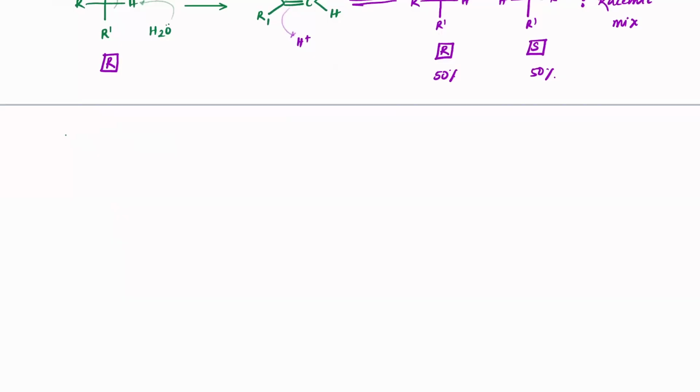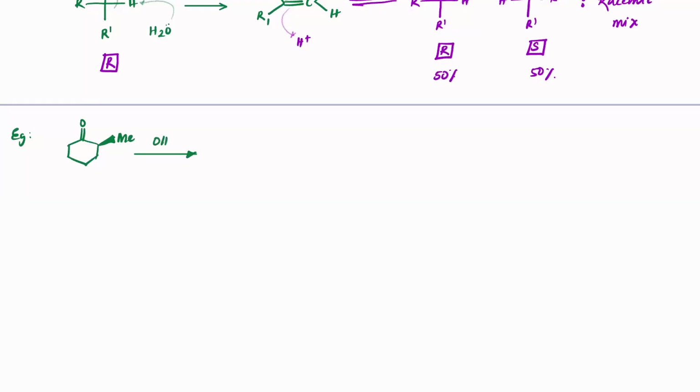Another example of a similar kind. Check out. In this case, if you have a ketone here, and let's say there is a methyl coming out of the plane this way, so it is a chiral center. In case we treat it in basic medium or acidic medium, in either case, check out what will happen.